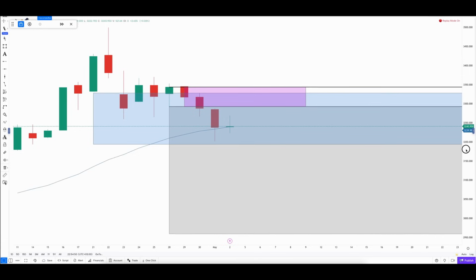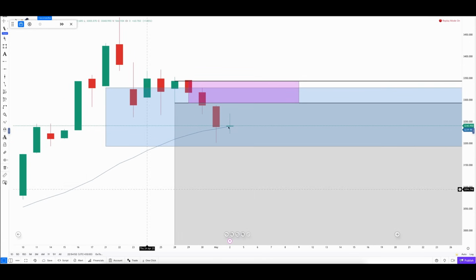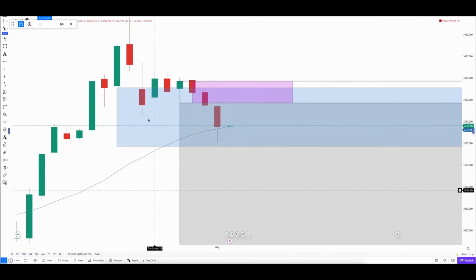Some of you may be asking, why don't you mark this green candle which is currently printing? As I told you, by the time I did these markings, this candle was still open, so I will not mark that candle. I am only marking the monthly candle which has just closed, the previous one, and also the weekly most recent bullish candle.